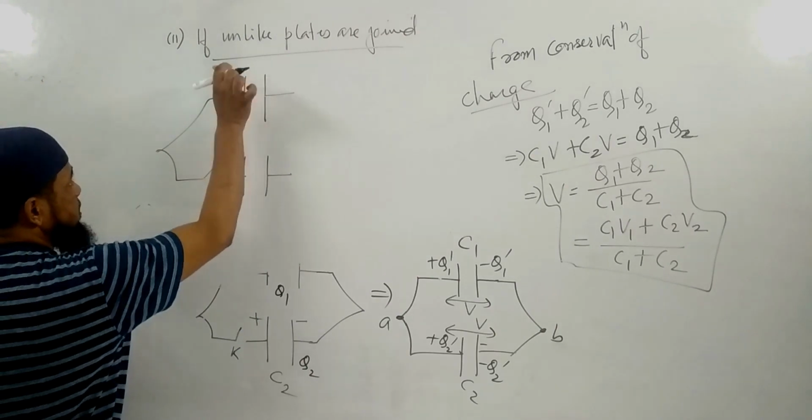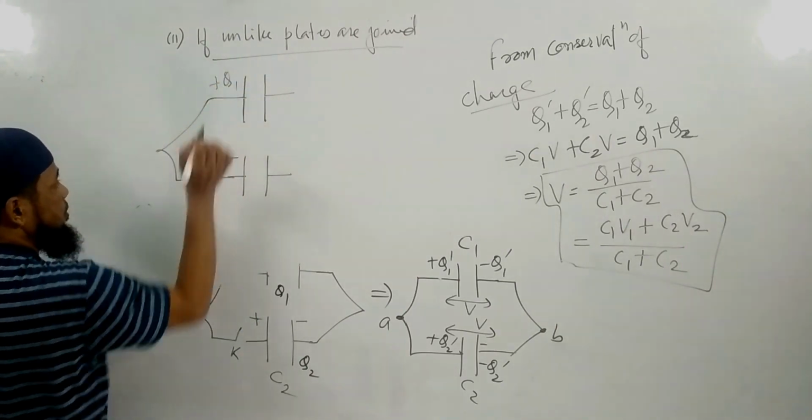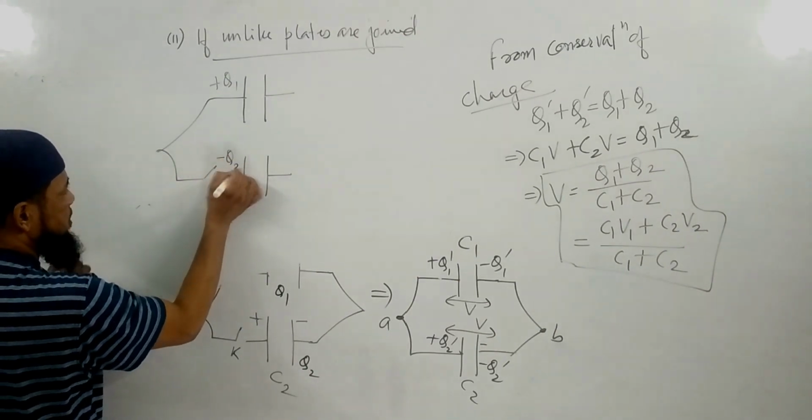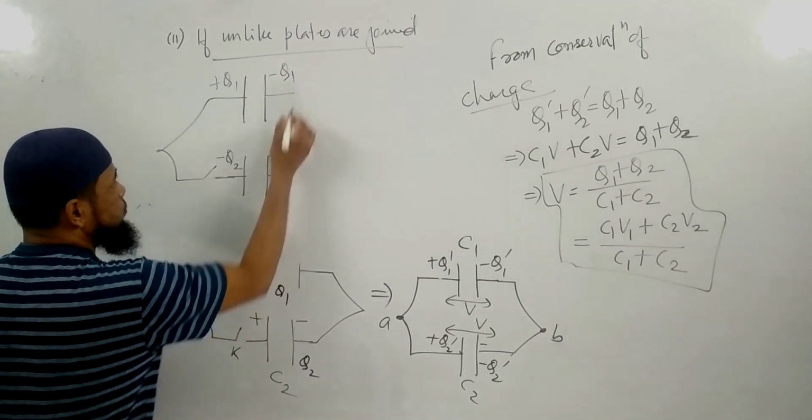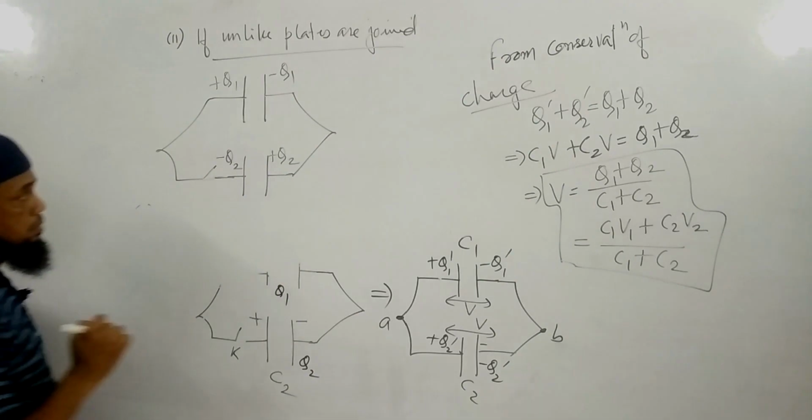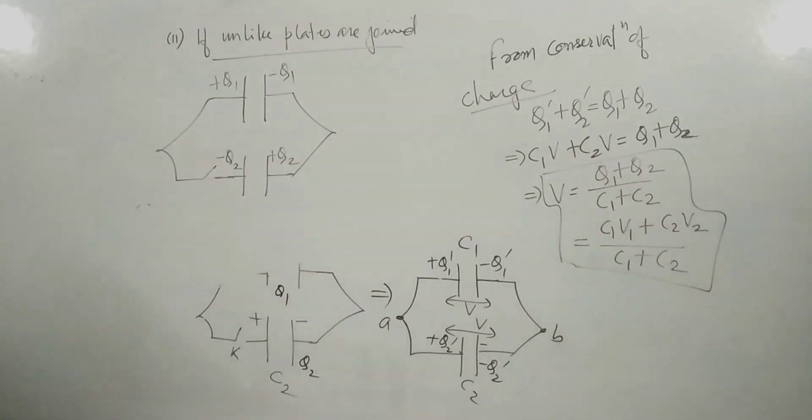That means plus Q1 will be connected with minus Q2, or minus Q1 will be connected with plus Q2. What will happen to the common potential?